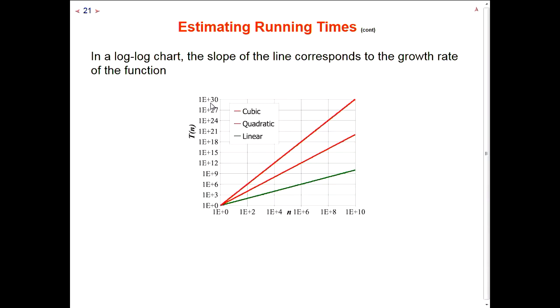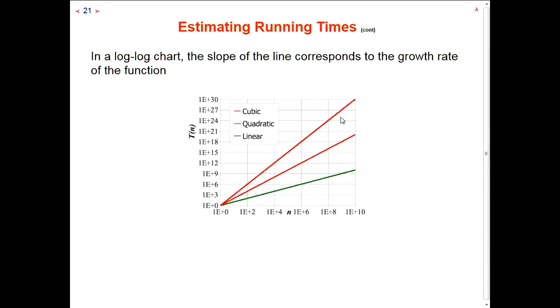Now that allows us to plot the three functions that we saw on the previous slide. This would be a linear function, and you can see that the runtime here is depicted as the same as the size of the input. Here we see a quadratic function. If this is 10 to the power of 8, then the runtime goes up to 10 to the power of 16.